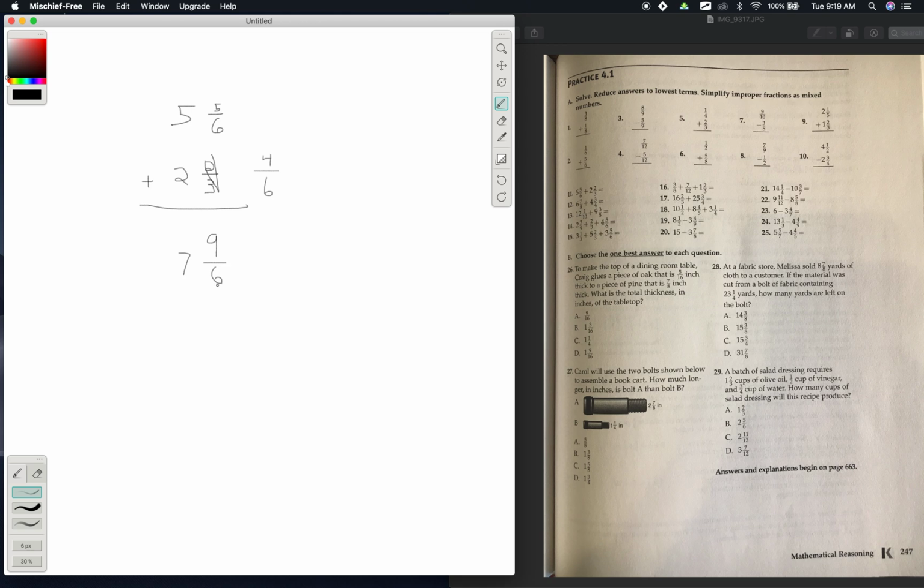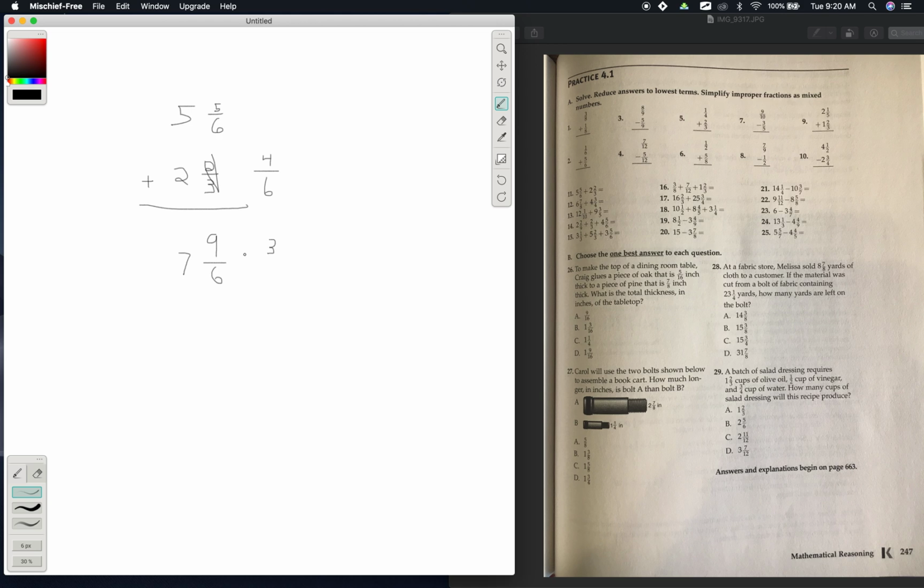Okay? So in this case, it takes 6 to make one whole number, so we know we have at least 6 here. How many do we have more than 6? We have 6, 7, 8, 9. Okay, so we have 3 more than 6. So we can just write 3 here to remind us.